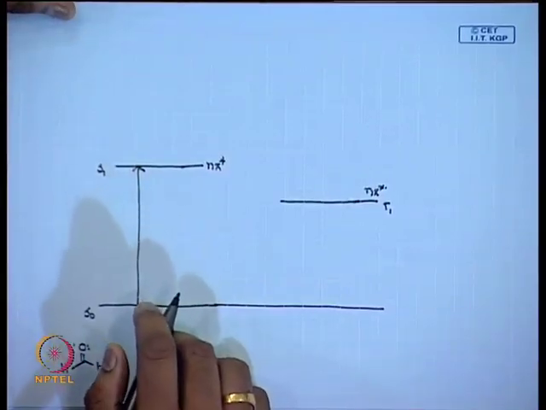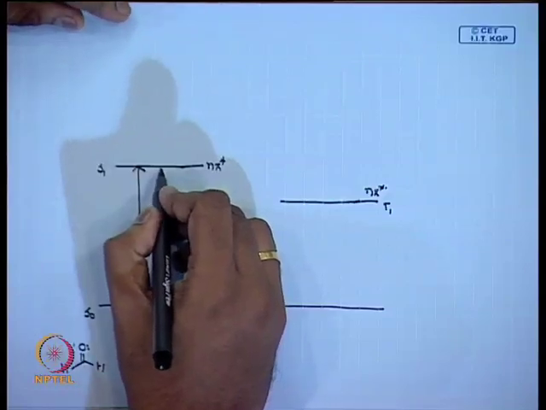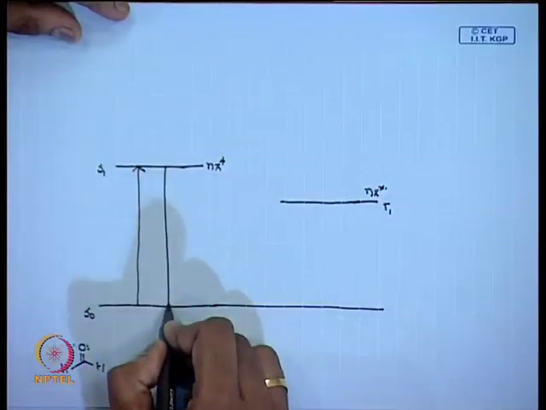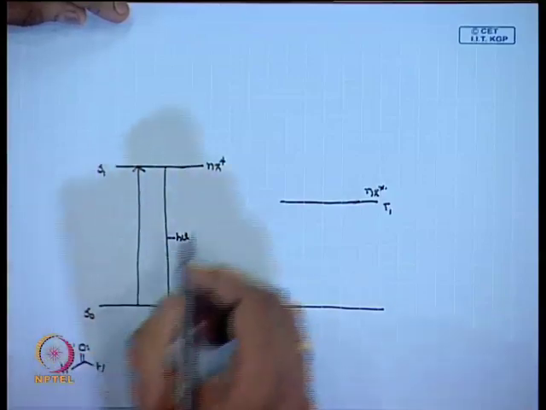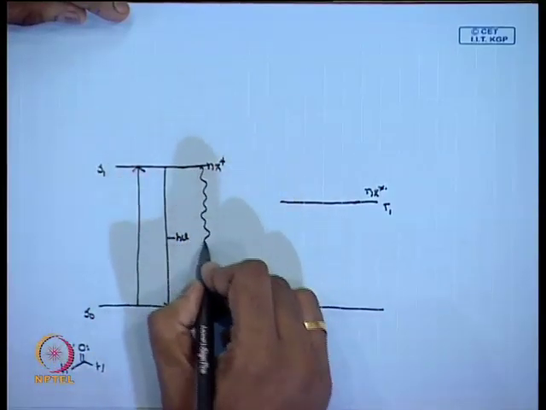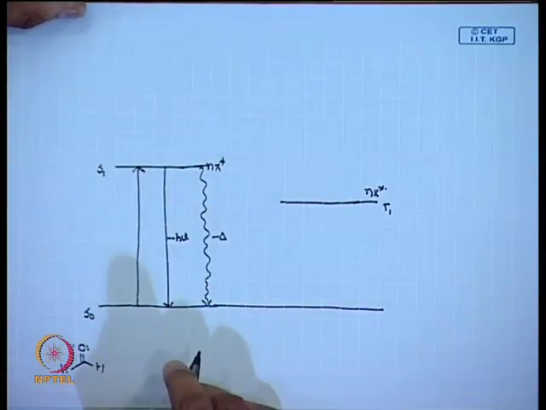Now, what does this molecule do in S1? Just generally speaking, what can it do when it is in S1? It can come down in two ways. One, it can come down giving out light, or it can come down by giving out heat. These are the two ways it can try to do.